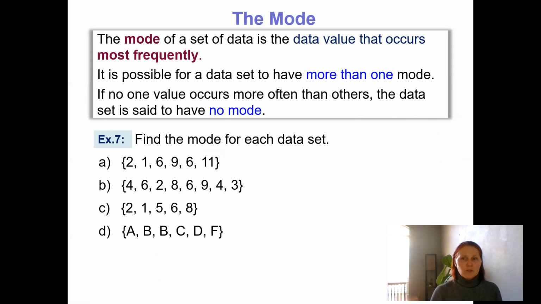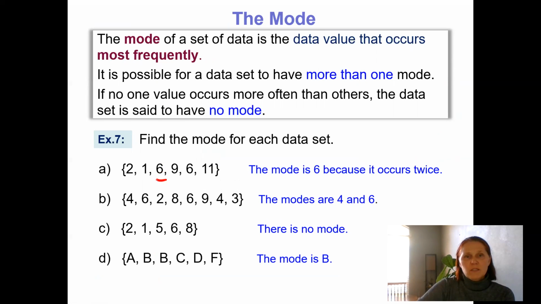And the last measure of central tendency that we use is the mode. The mode is the value that occurs most frequently. In the first set, we have 6 two times, so 6 is the mode. In the second set, 4 and 6 are both modes.